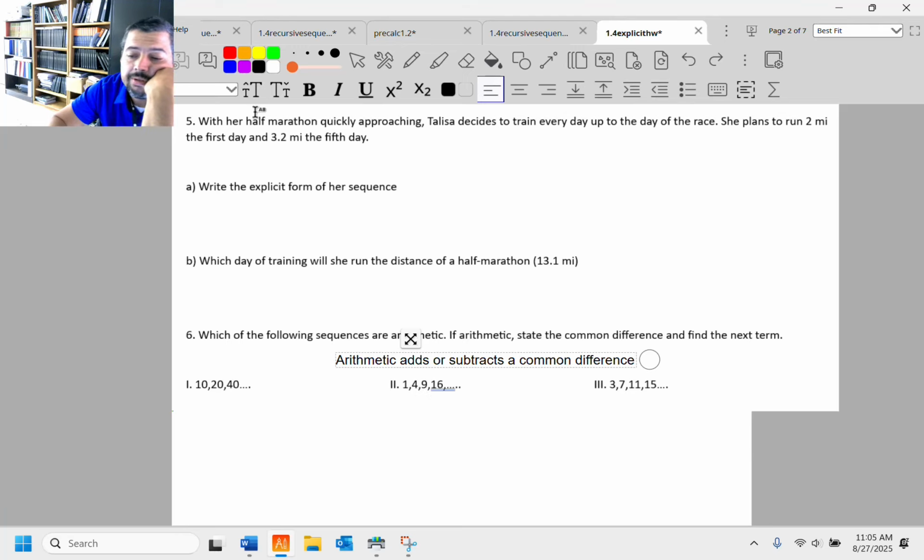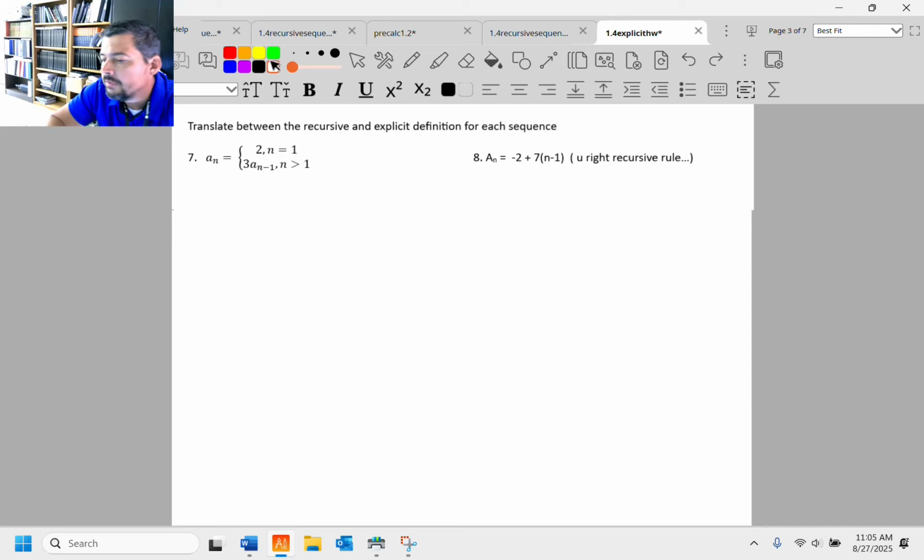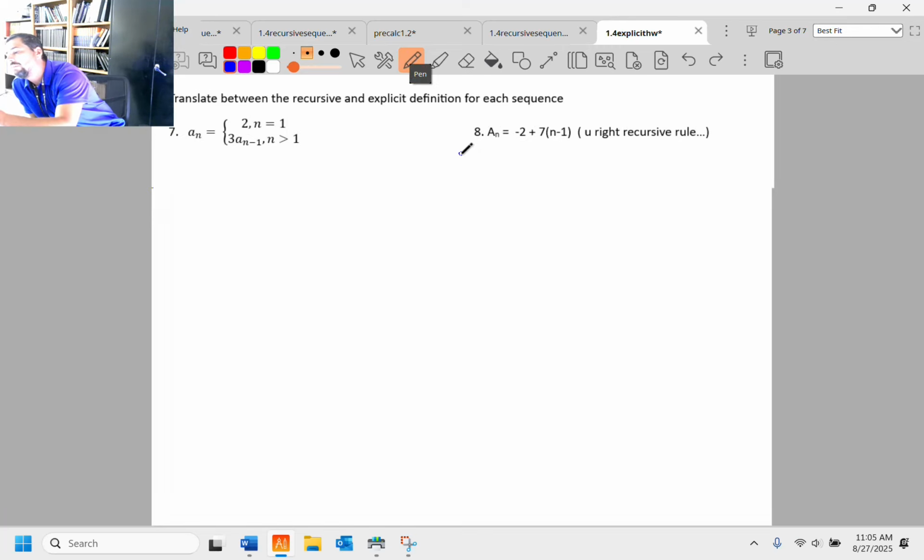Translate between. So I'm going to do one of the translations. This one you write a recursive rule. So your goal here, of course it's been a day and you've slept since we talked about recursive rules. Your goal is to write this. A sub 1 if n is 1, a sub n minus 1 plus the common difference if n is bigger than 1.